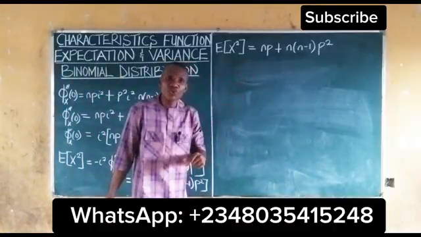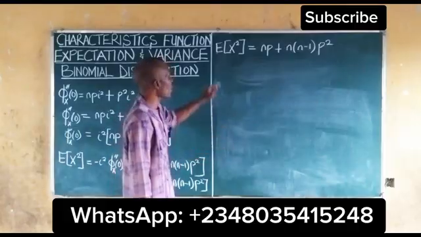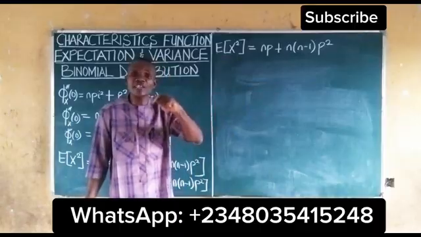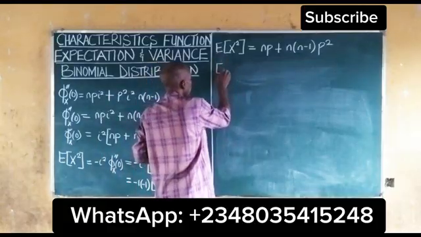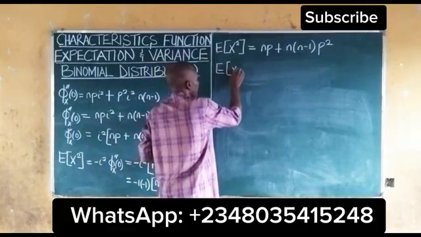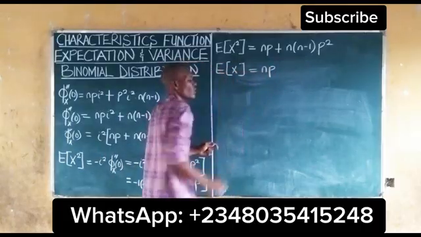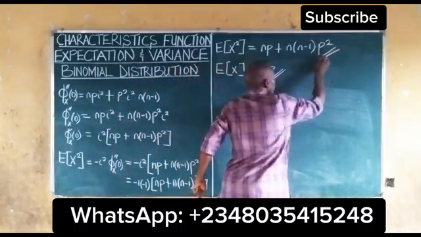The next thing to do is to find the variance. So we have succeeded in finding the expected value of x squared. We have also succeeded in finding the expected value of x. If you recall, we note that the expected value of x, like we got before, is np. So we can now find the variance since we have gotten this.